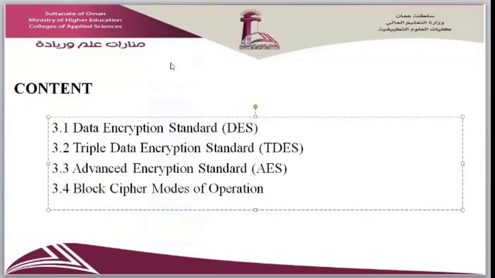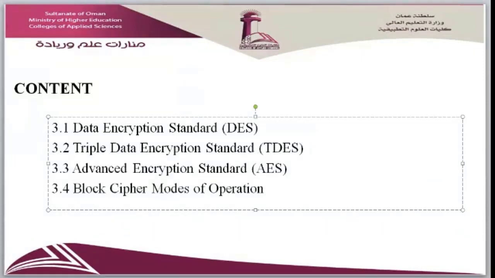Now, if you understand DES, Triple DES is going to be very easy. What does that mean? DES operates 3 times, so it becomes Triple DES. AES is a very important algorithm.